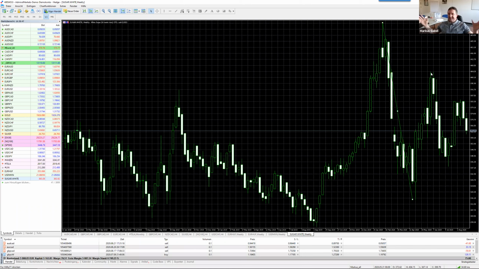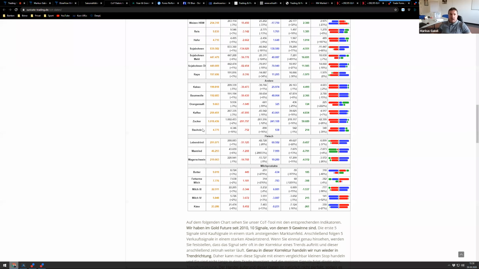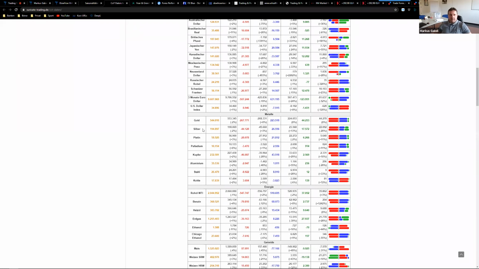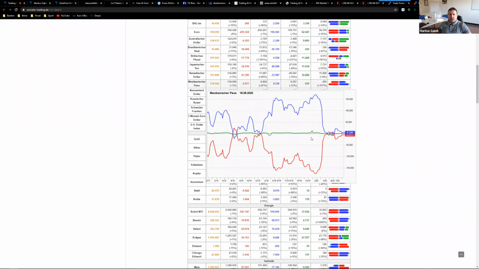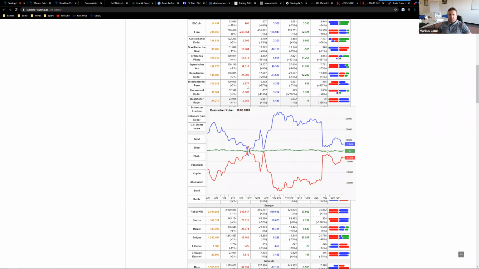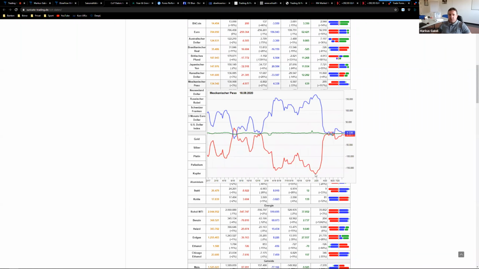Wonderful. I love it. And this is how you can read, for example, the COT data. So for example, let's look at Forex. I have a special one for you: the Mexican peso. You can see in February we have a high price.